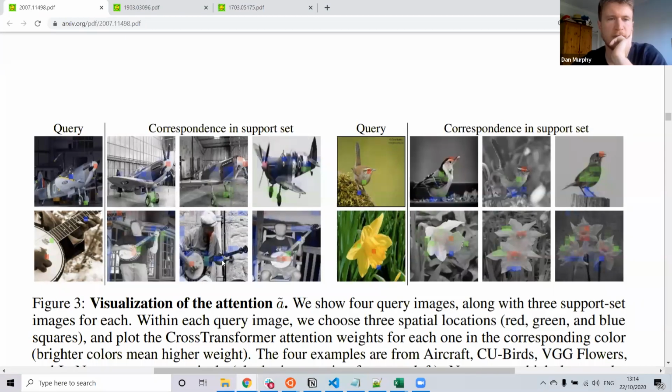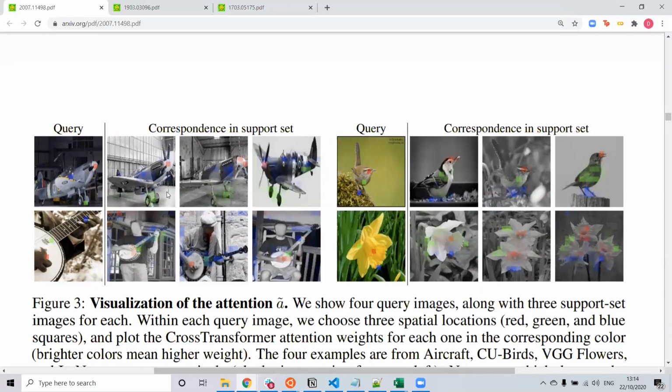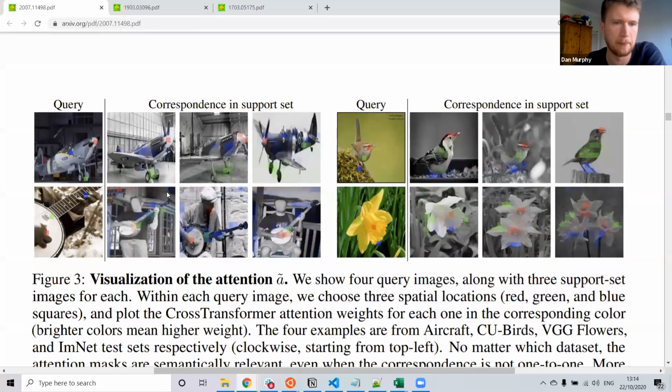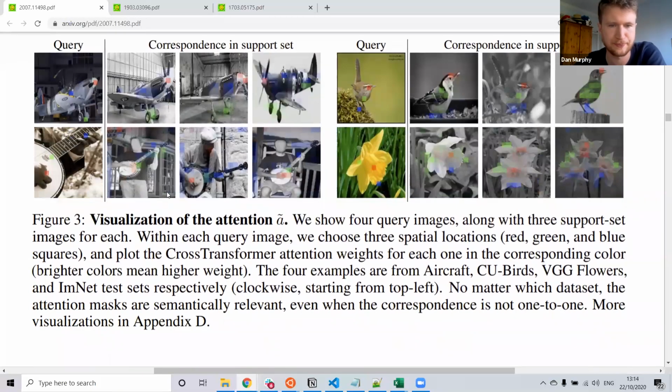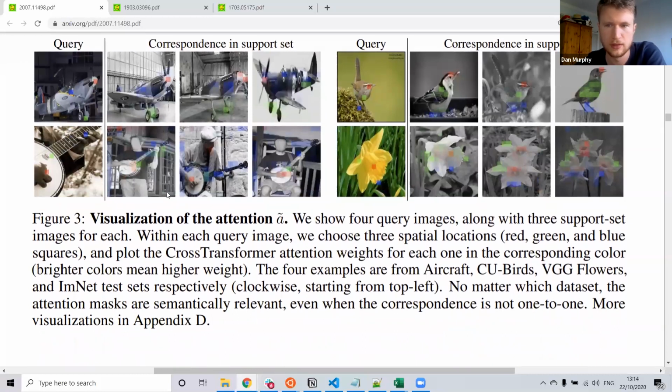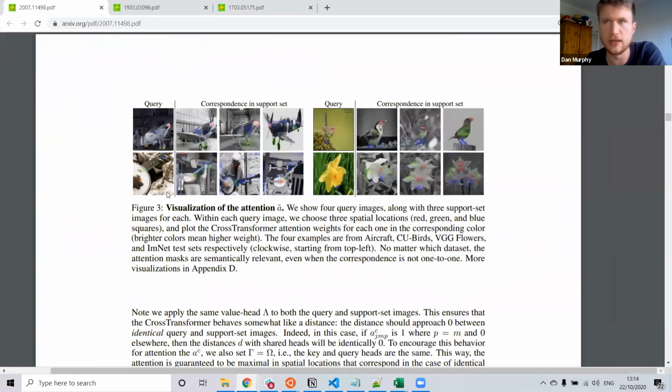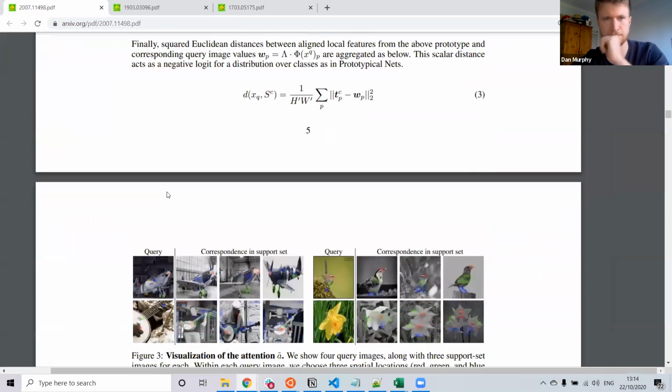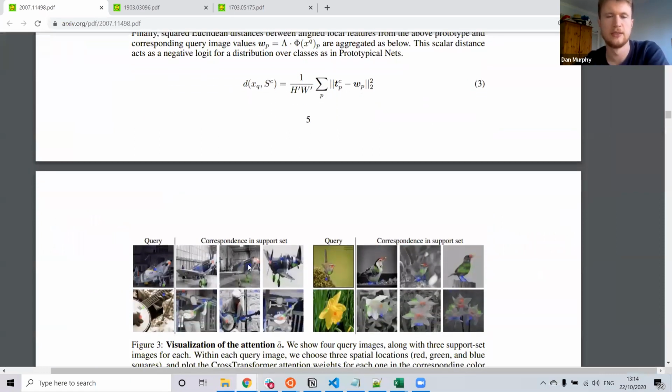And I'd also kind of be interested to see what the attention is being given to for support set images that aren't the same class as a query. Yeah, certainly. Yeah, it'd be interesting to see that, but I don't think they really show that. At least I didn't read it. There may be something about it in the appendix.